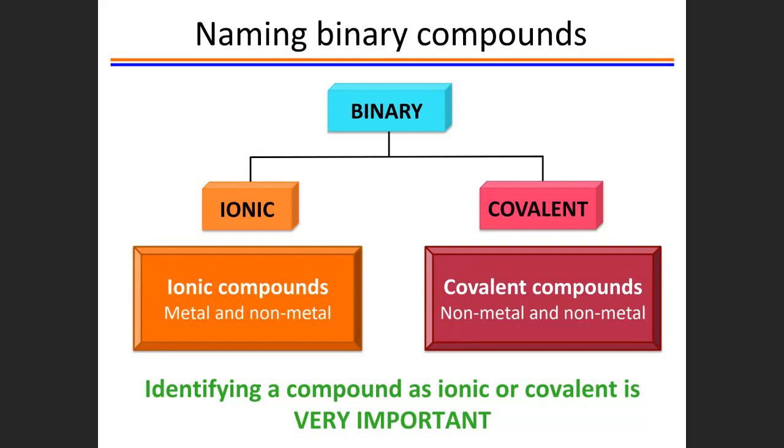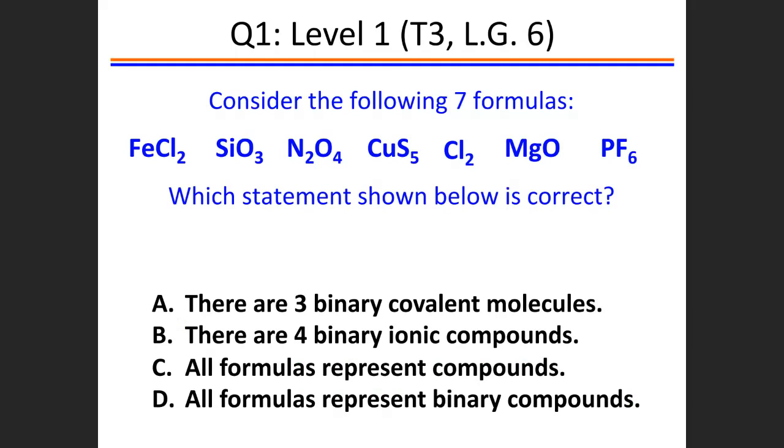As I said, binary compounds can be ionic or covalent. We know an ionic bond is formed between a metal and a non-metal. Covalent compounds are formed between non-metal and non-metal. Finding this out is not tough. Iron, magnesium, and copper are metals, correct?